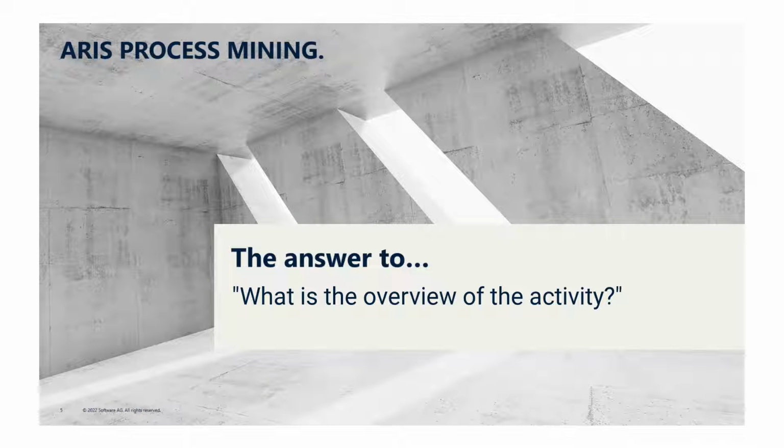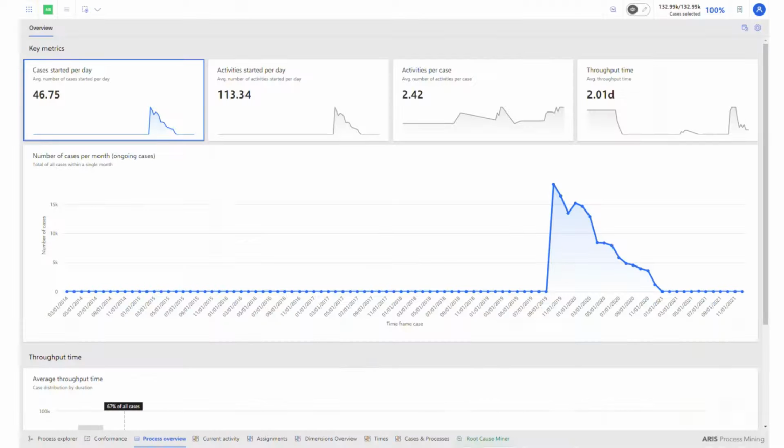Another question can be to focus on the main indicators of your process. In this pre-configured screen, you can have a lot of information about the activity. At the top, you have the volume of the tickets by date of creation, the volume of activities carried out per day, the average number of activities per case, and then the time taken to process the ticket over time.